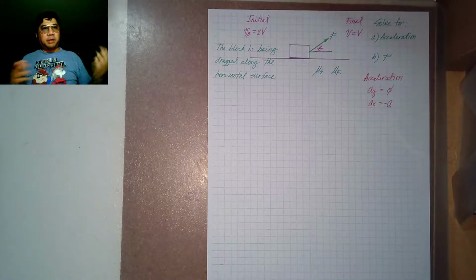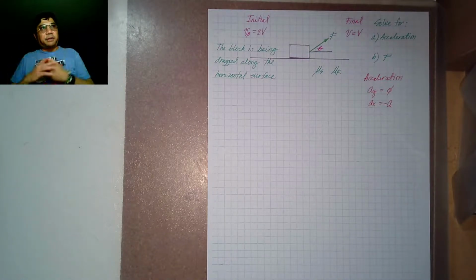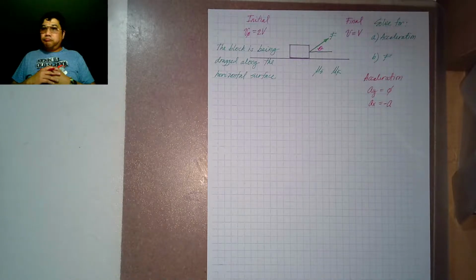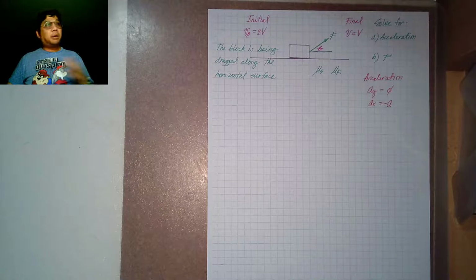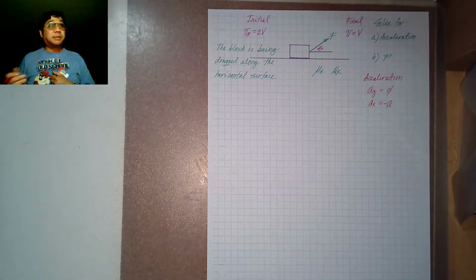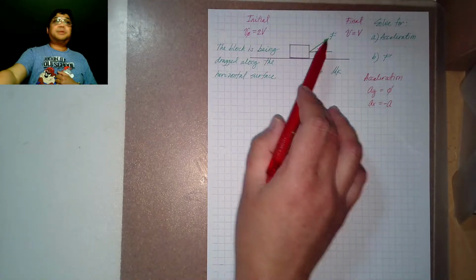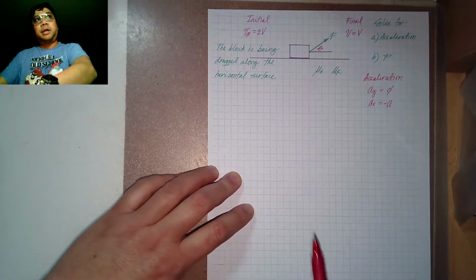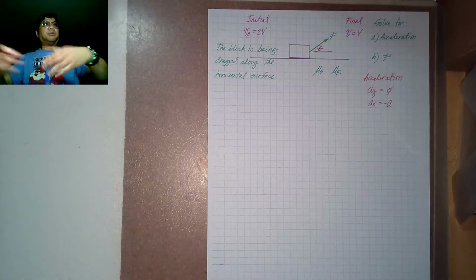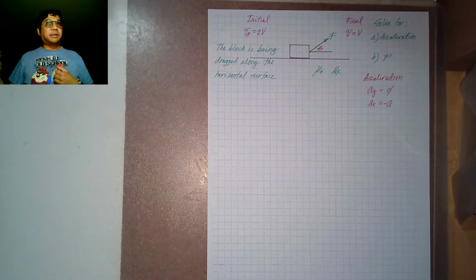A decrease in velocity is caused by a negative acceleration. Another way that you will have a negative acceleration is when the force is opposite of the direction of motion; that will cause negative acceleration.